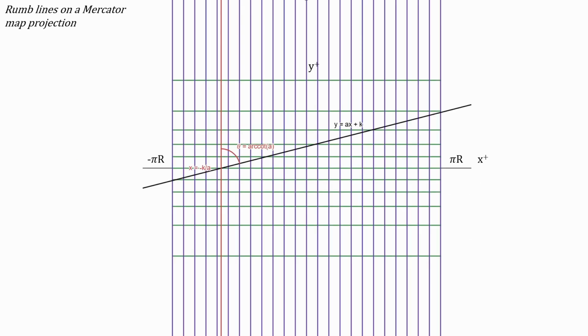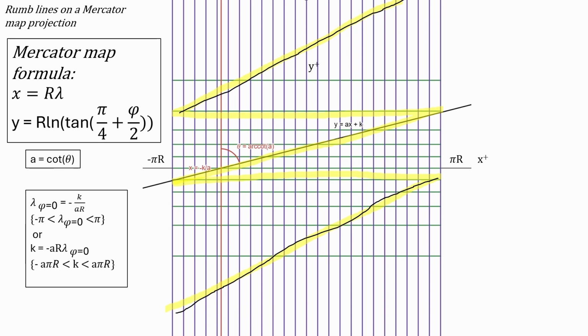The way it really works is the rhumb line goes like this, and then as it goes off the map, it continues like this. And so the rhumb lines last till infinity, but on a Mercator map projection, they are all linear functions. And this is how they are defined.